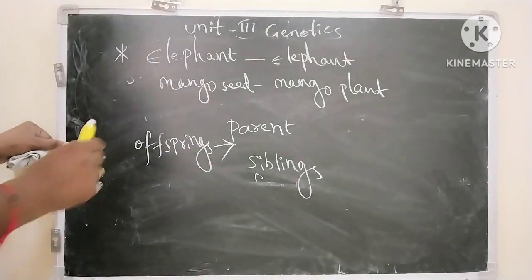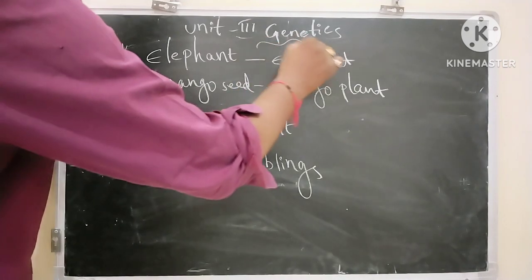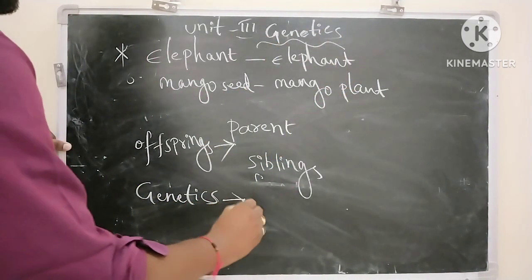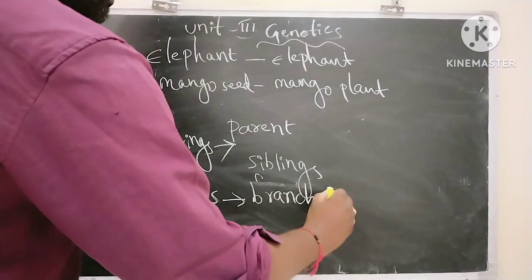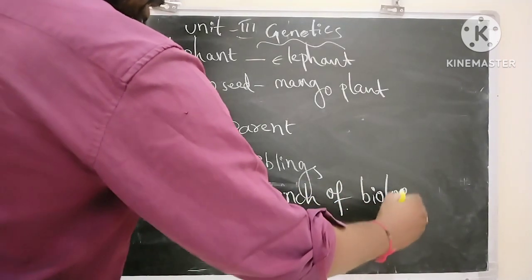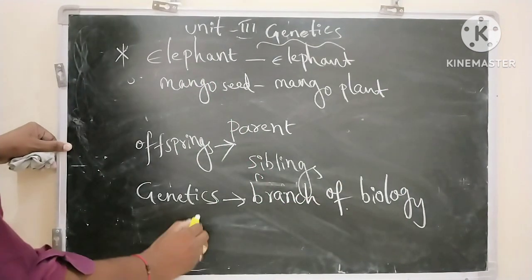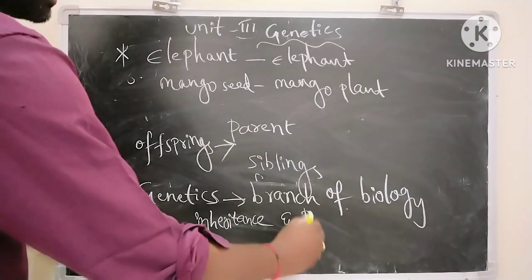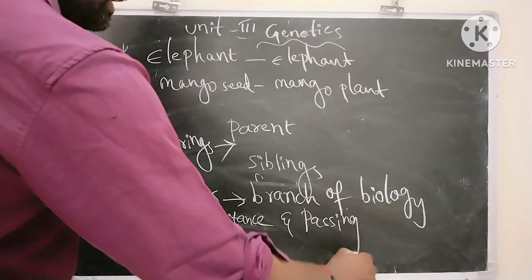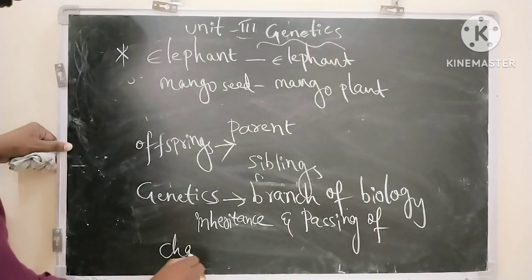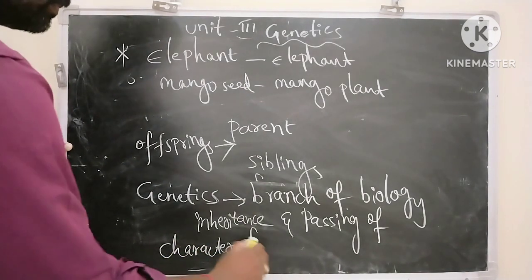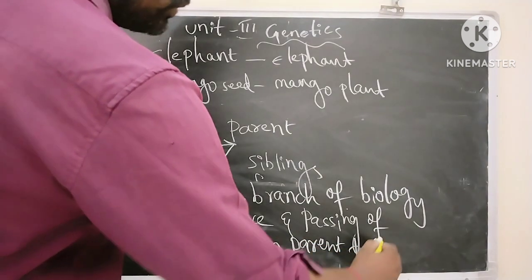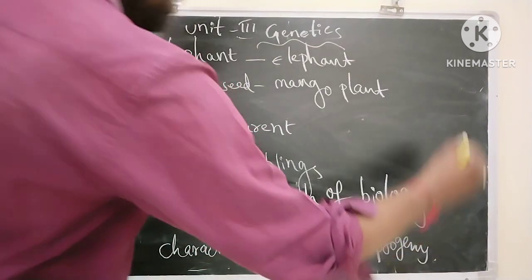So in this lesson, what we are going to discuss is that genetics is a branch of biology which deals with inheritance and passing of characters from parent to progeny on the basis of heredity.